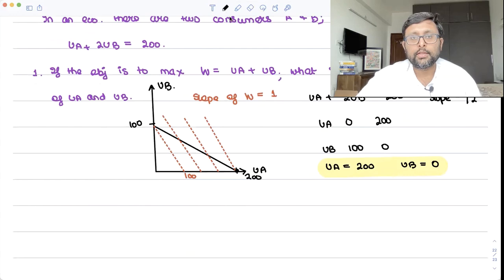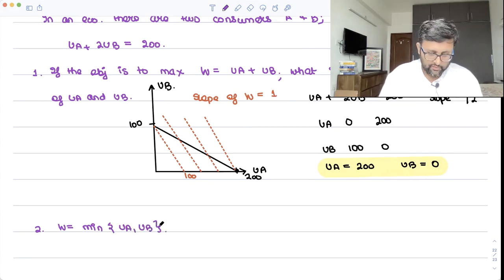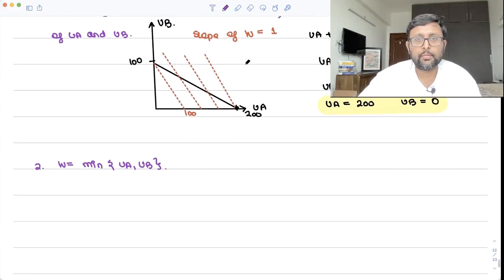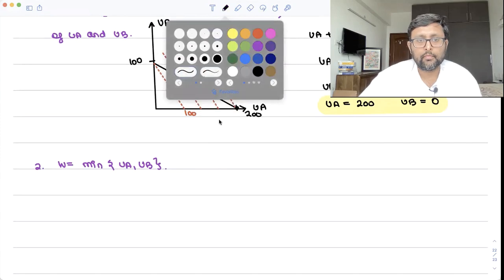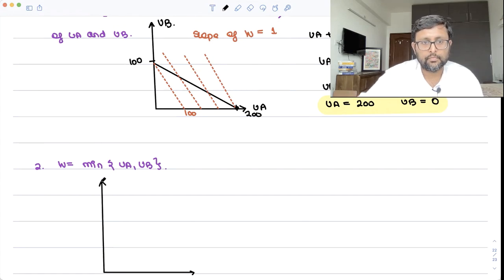Okay. Suppose the social welfare function would have been this, with the utility possibility frontier the same. But now the social welfare function is min of UA, UB.